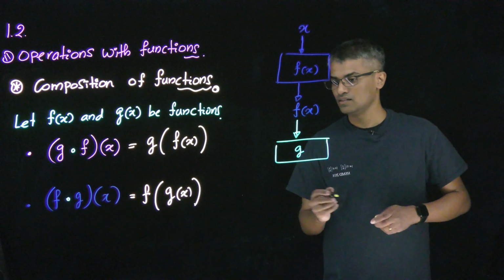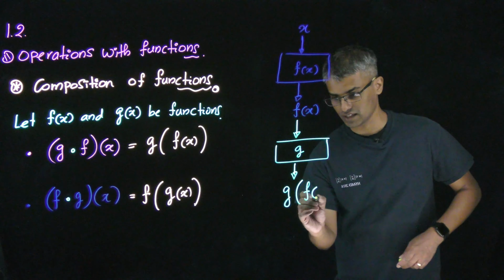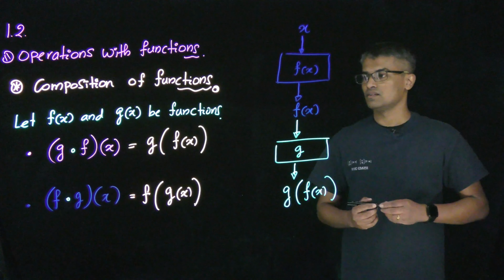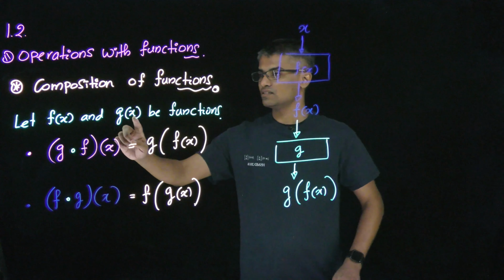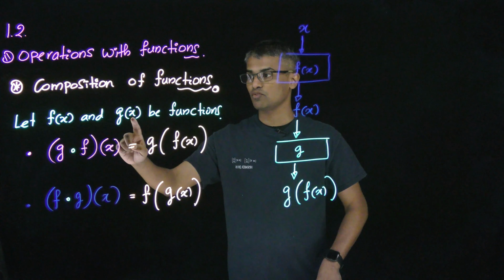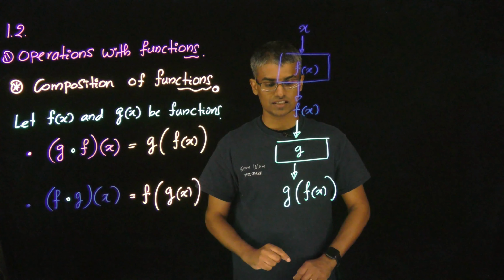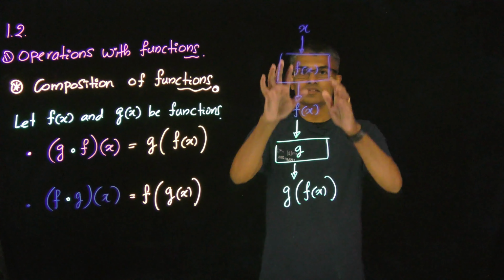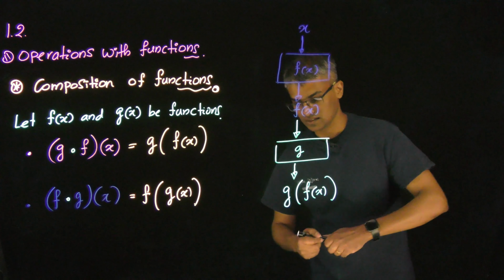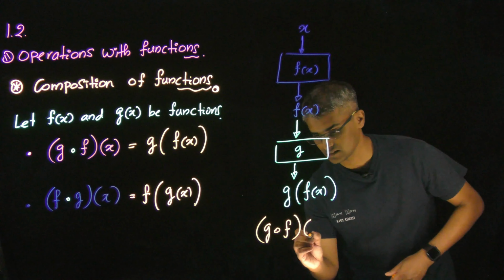Then you should get g of f of x. If you input x to g, then your output is g of x, but now your input is f of x. Therefore your output should be g of f of x. So this is g composition f of x.